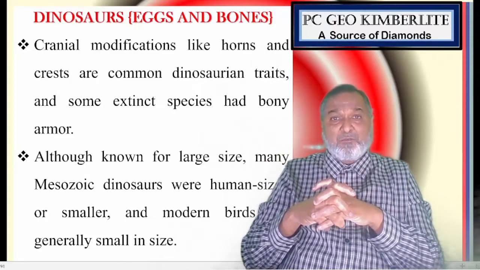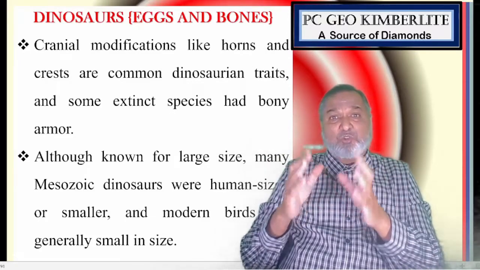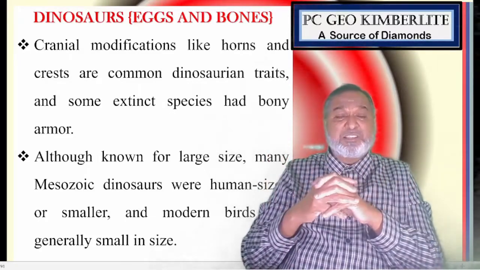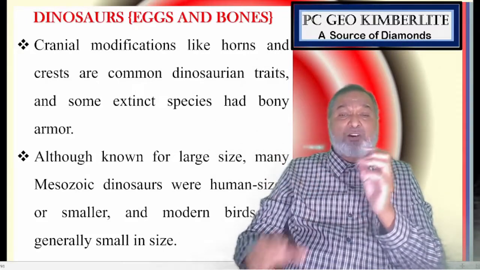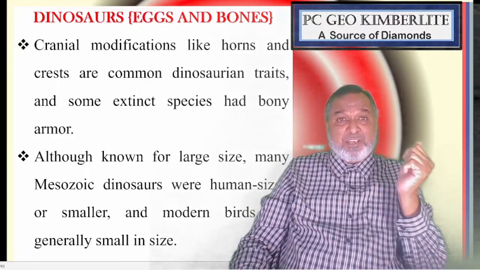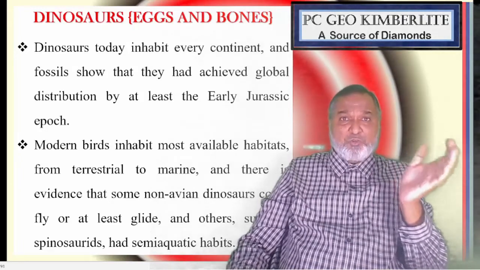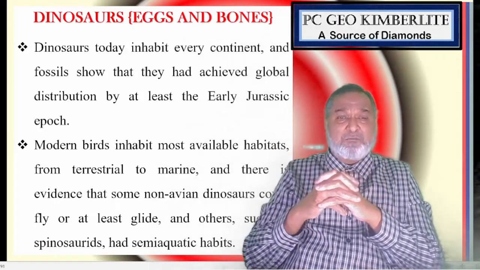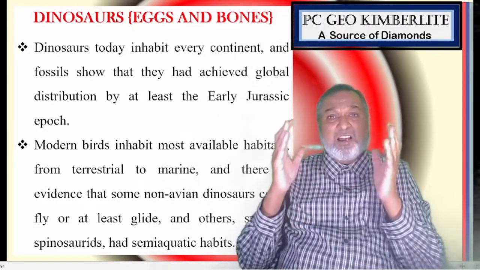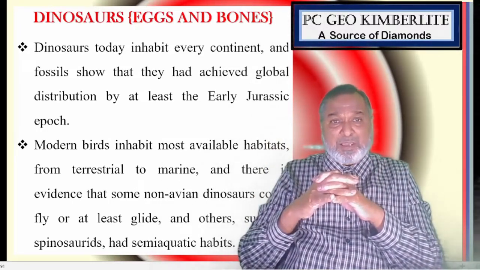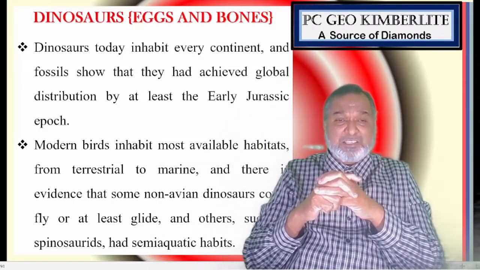Although known for large size, many Mesozoic dinosaurs were human size or smaller, and modern birds are generally small in size. Dinosaurs today inhabit every continent. Fossils show that they had achieved global distribution by at least the early Jurassic Epoch.